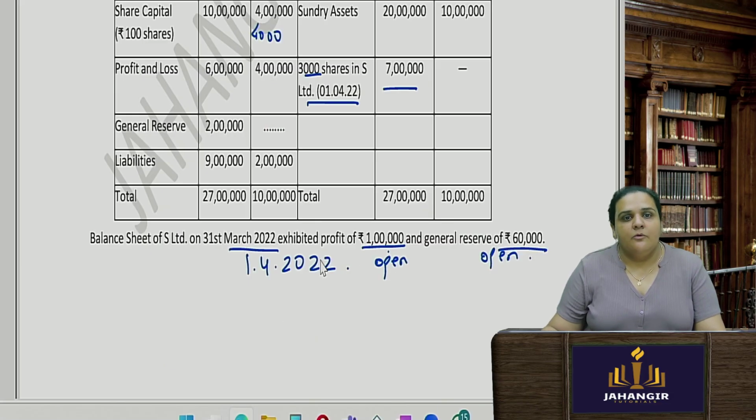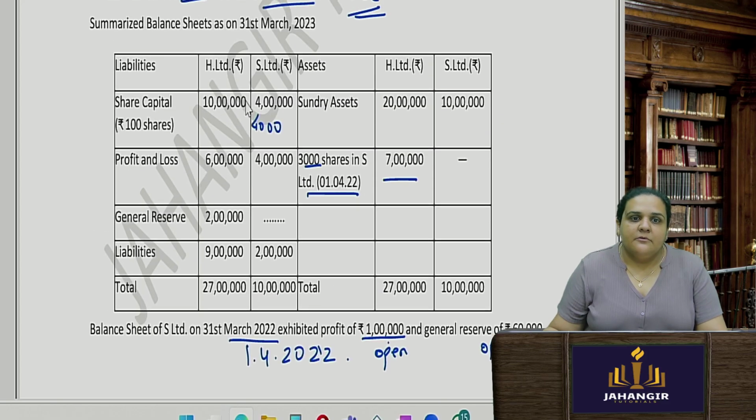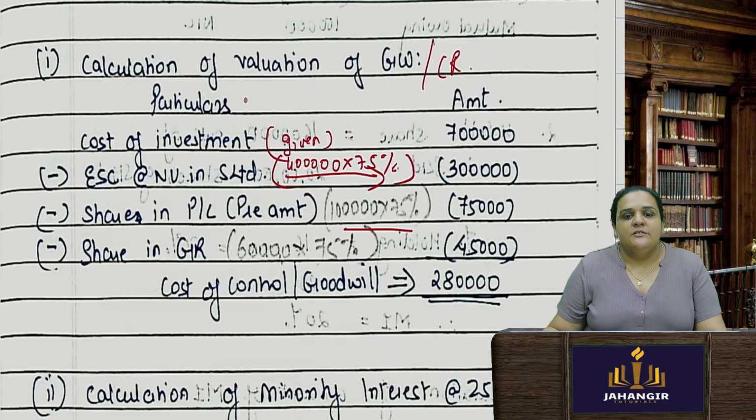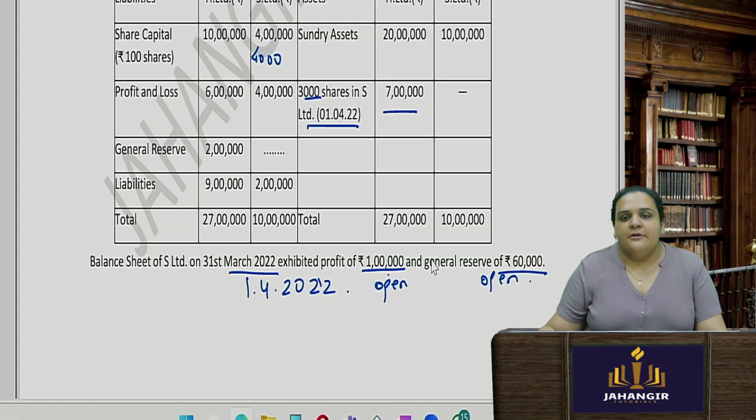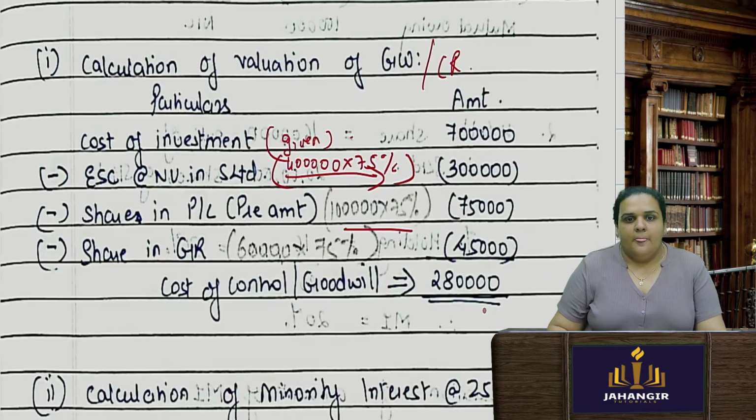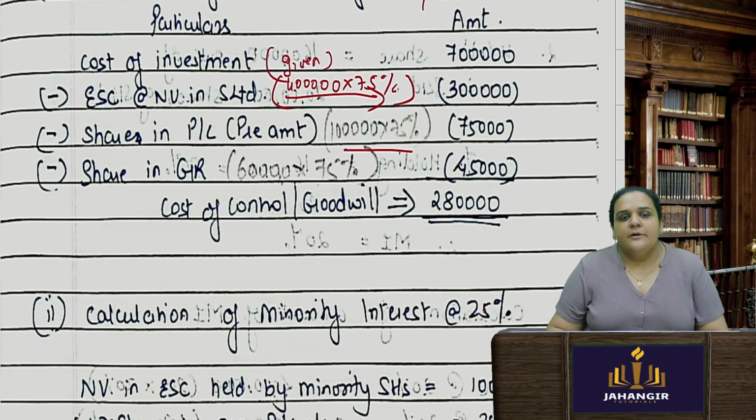Opening will be pre, no? Closing will be post. So 1 lakh into 75% and general reserve also 60,000 into 75%. So both at 75% I will take it. Opening is pre, right? And the current year will become post. So I don't have to do anything with the post. Cost of control or goodwill is going to be 2,80,000.